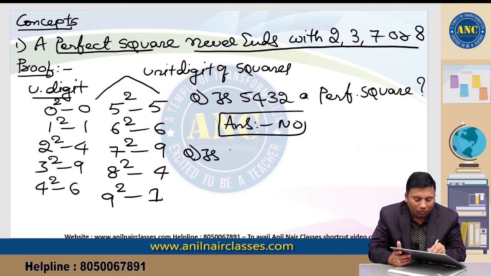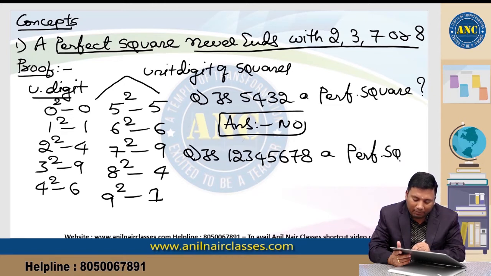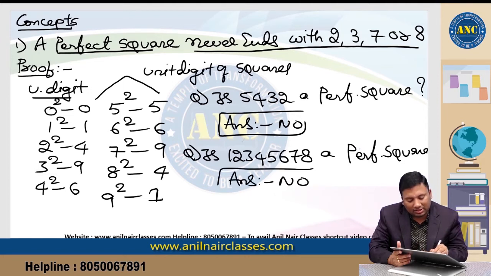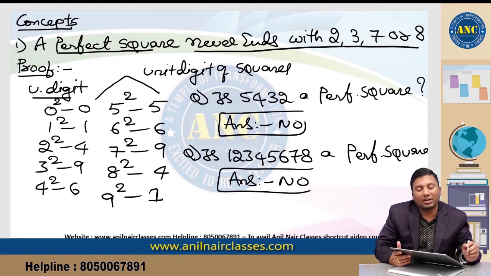Is 12345678 a perfect square? A perfect square never ends with 2, 3, 7 or 8. Therefore the answer is no. The first concept is based on a perfect square: a perfect square never ends with 2, 3, 7 or 8. These are simple applications; once we do problems, you will understand how to use it.